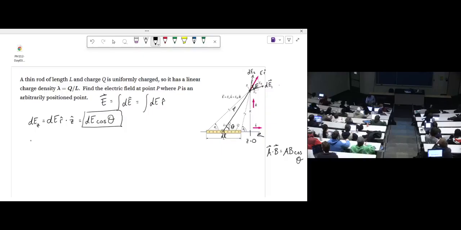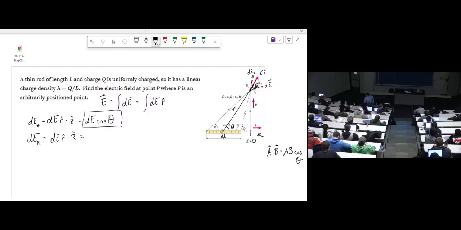The other one that we're going to need is dE in the uppercase R direction, which is going to be going along here. To get that, I get dE times r hat dotted into big R hat.